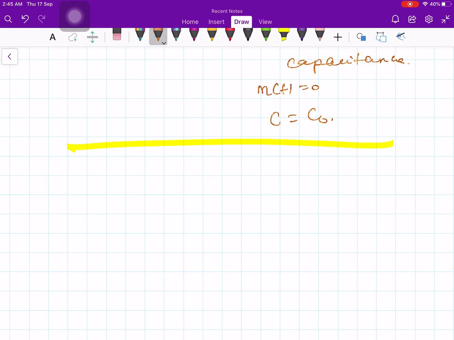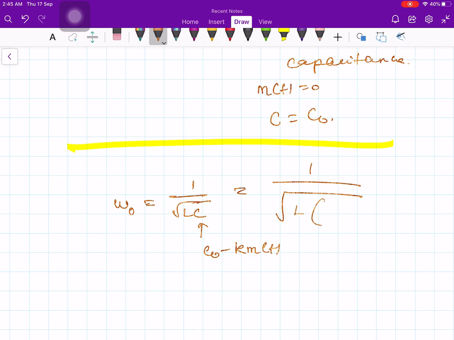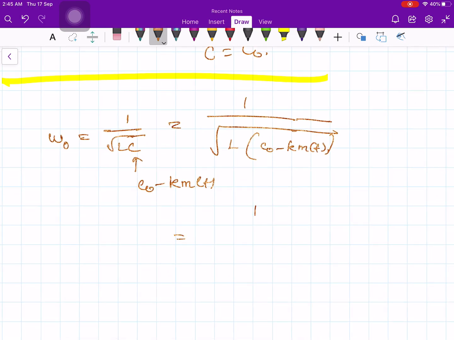Therefore, your frequency of oscillation omega naught is equal to, we said, 1 over root of LC. Now C is changing as C naught minus K times m of t. Substitute in this relation: 1 over square root of L times C naught minus K times m of t. Now take C naught commonly outside: 1 over root of L C naught times 1 minus K times m of t by C naught.